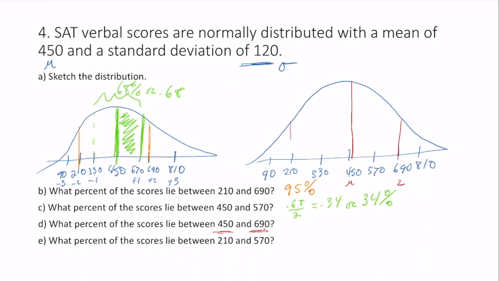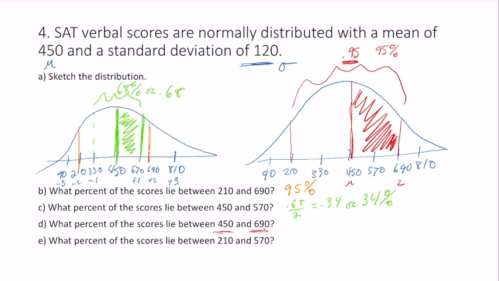So how much data is within the first 2 standard deviations? What's the area here? The area here is 0.95, which would be 95% of our data. But I want to know the area of this half over here. So I'm dividing the 95 by 2. So if I take 0.95 divided by 2, that's going to be 0.475, which is 47.5%.